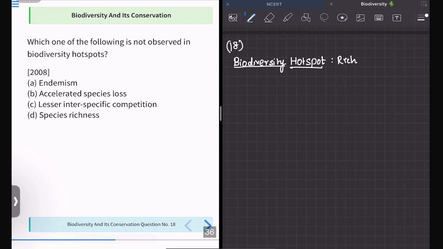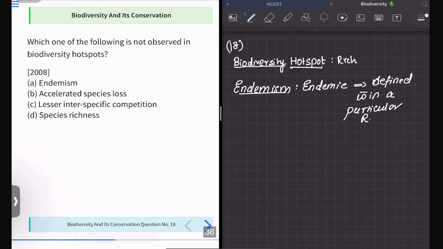So A is saying endemism. Yes. What do you mean by endemism? We have also discussed about this, but let me revise it for you. Means the species are endemic. When I say endemic, that means the species are defined within a particular region.